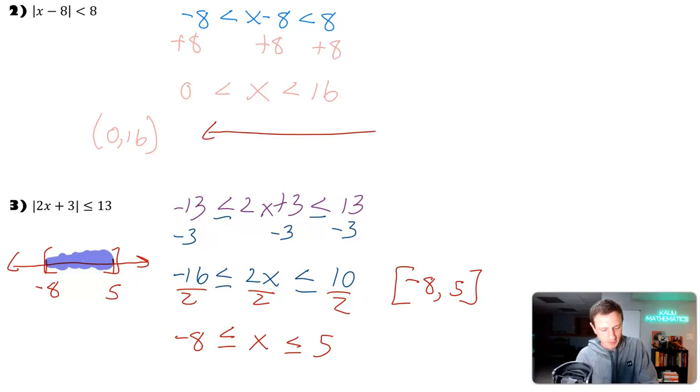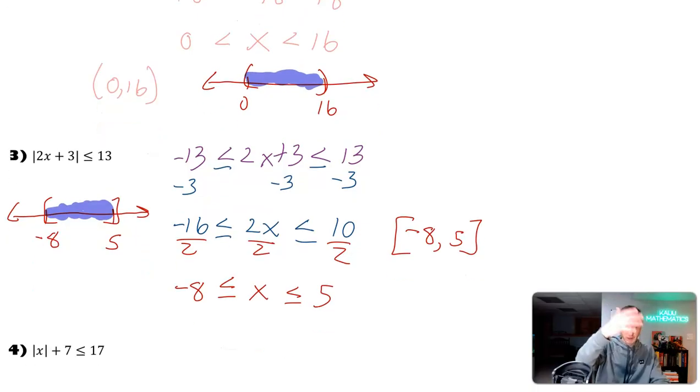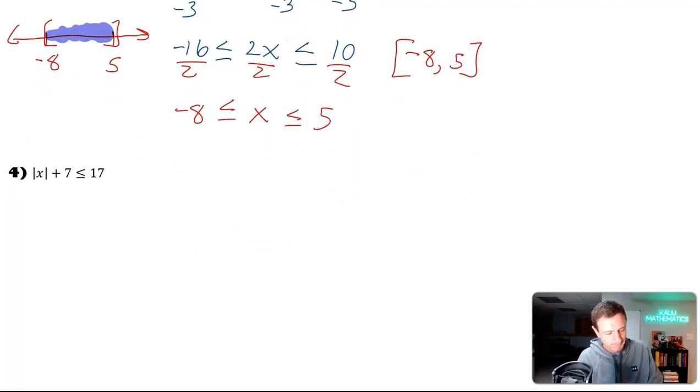Here I'd have between 0 and 16, so here's 0, here's 16, and I'd use parentheses, and then I could highlight between 0 and 16. We're forming that compound inequality, so we're looking at that word and, where it makes the two statements overlap, if we were to actually graph these out completely, but that would be our solution.